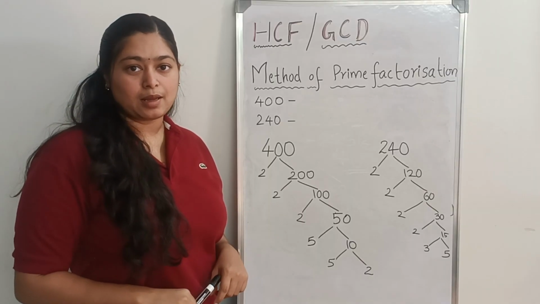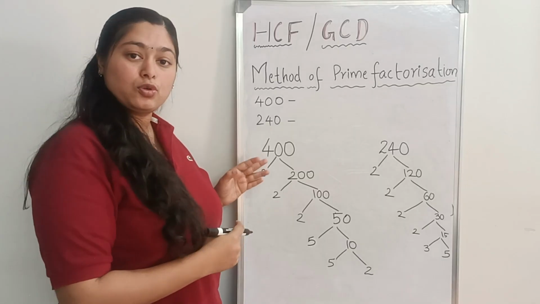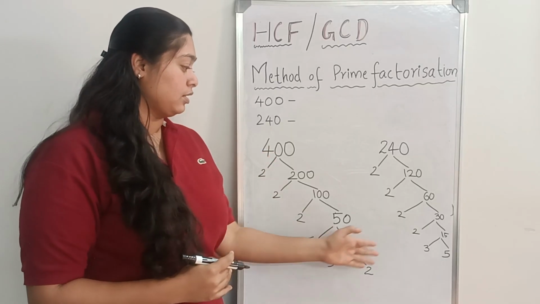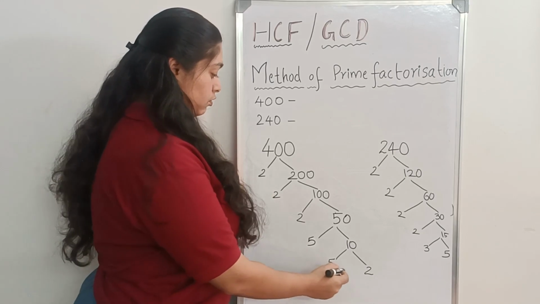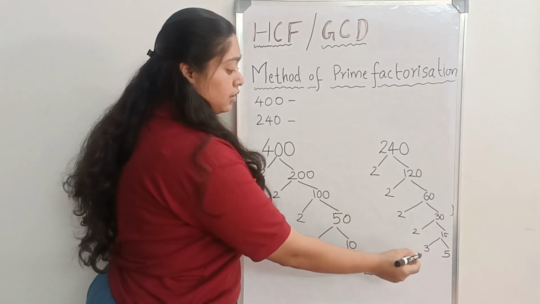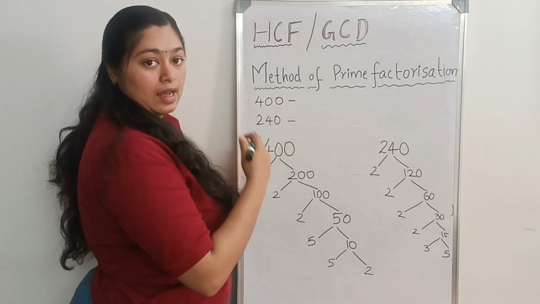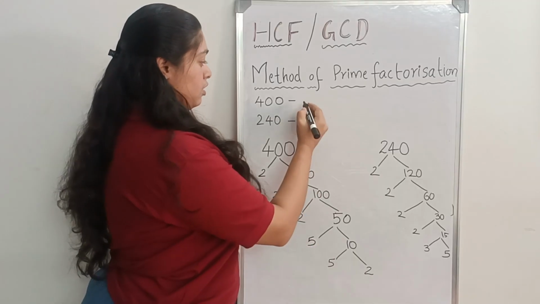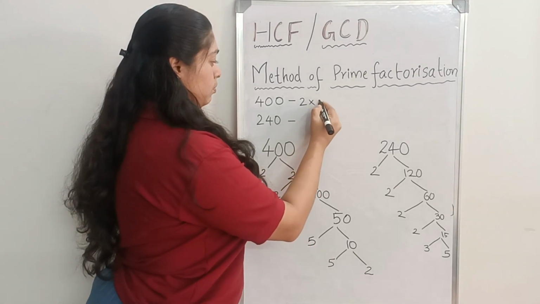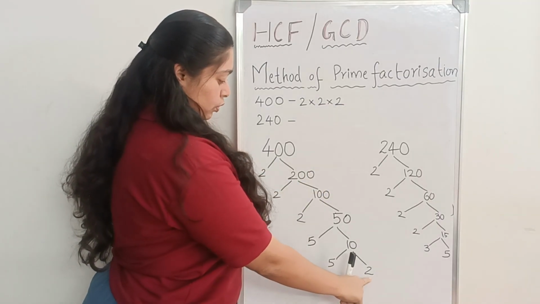Now my second example for the day is 400 and 240. I have shown the factor tree method on the board here, and you can see I have got all my prime factors for both 400 and 240. Now the task is to write them in a straight line, and I'm going to represent 400 as the product of these prime factors. So I have to multiply by 2, multiply by 2, and I have another 2 at the bottom here.